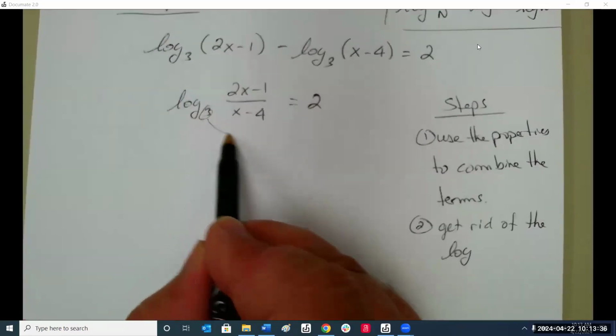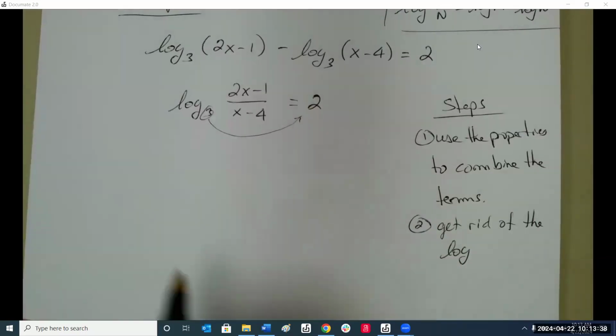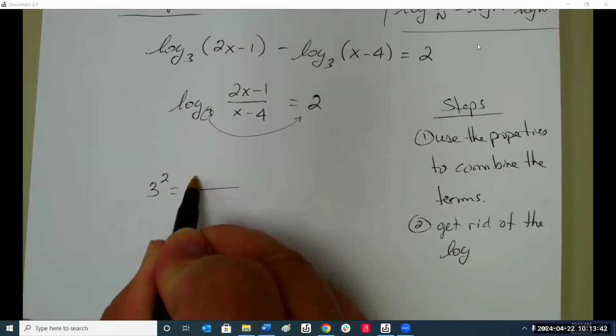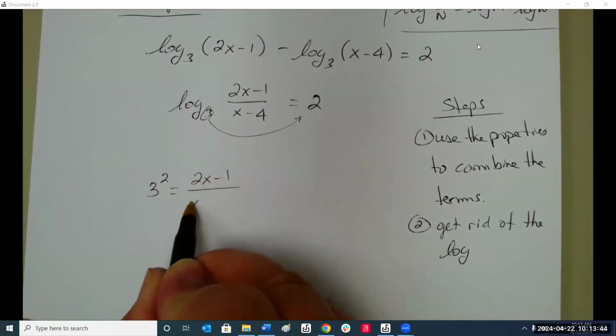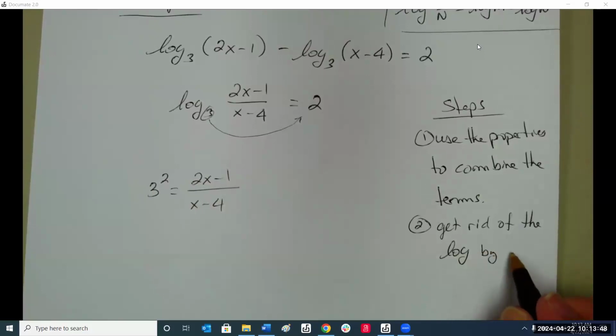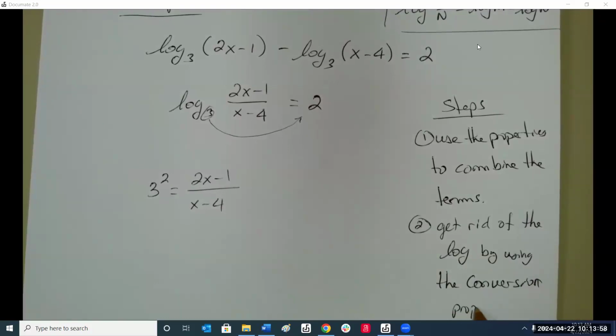To get rid of its base, the conversion. So we have 3 to the power 2 equals (2x minus 1)/(x minus 4), by using the conversion property.